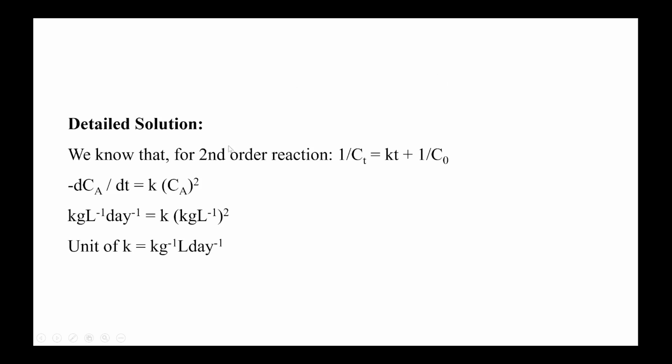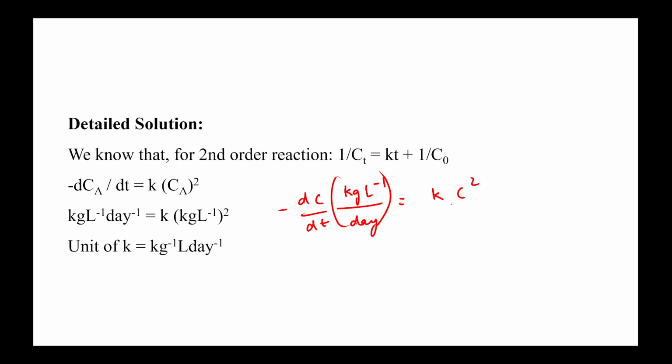So we have kg per liter divided by day, because the unit for time is given as day. This is the unit for dC by dt, and this is equal to K C to the power 2.